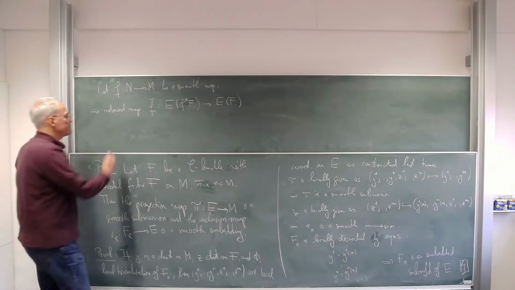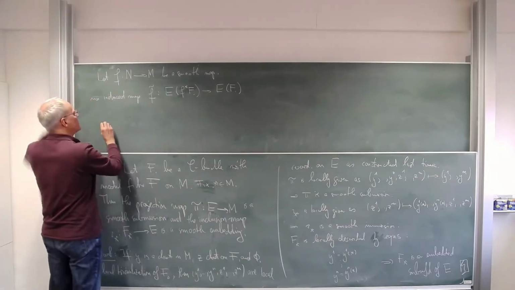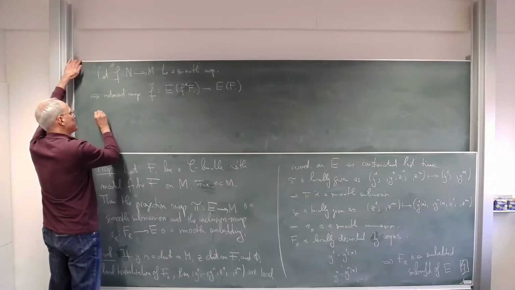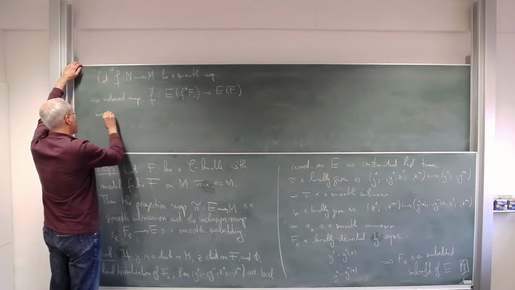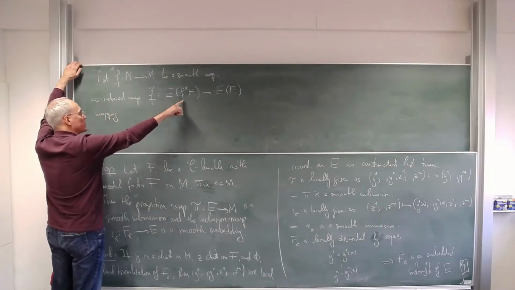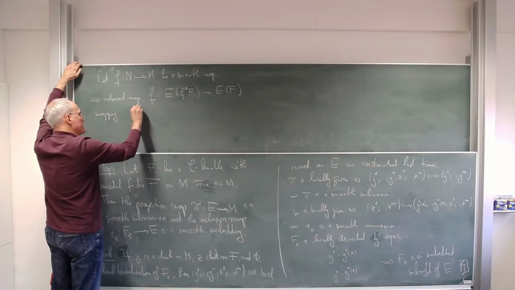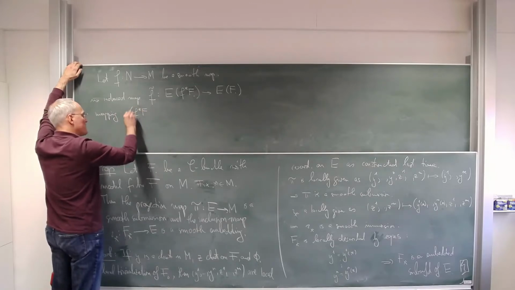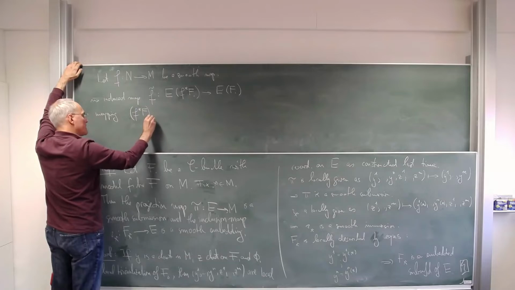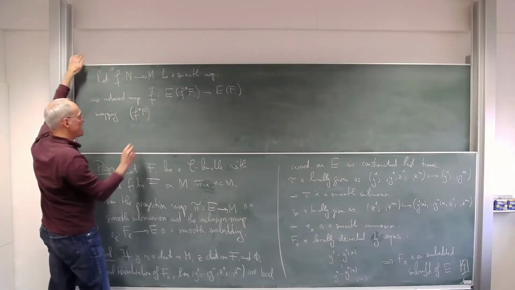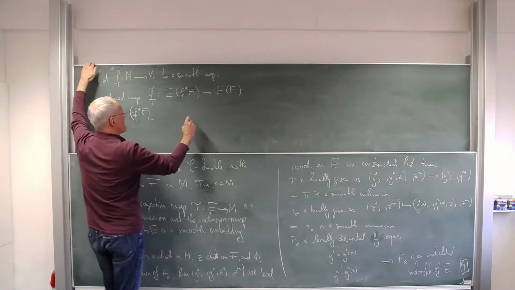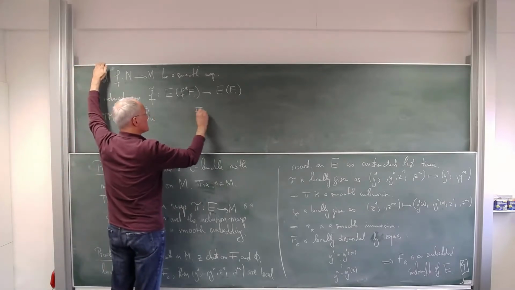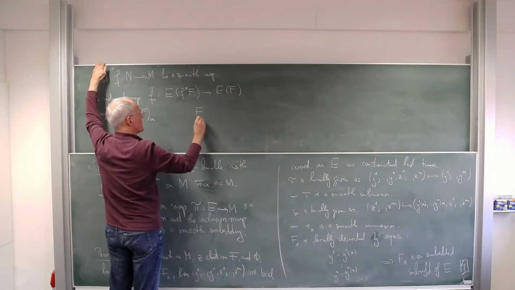And how is it defined? It maps a fiber of this pullback bundle F star E, if I insert a point of the manifold N, which we call u, to the total space of the original bundle over my manifold M.